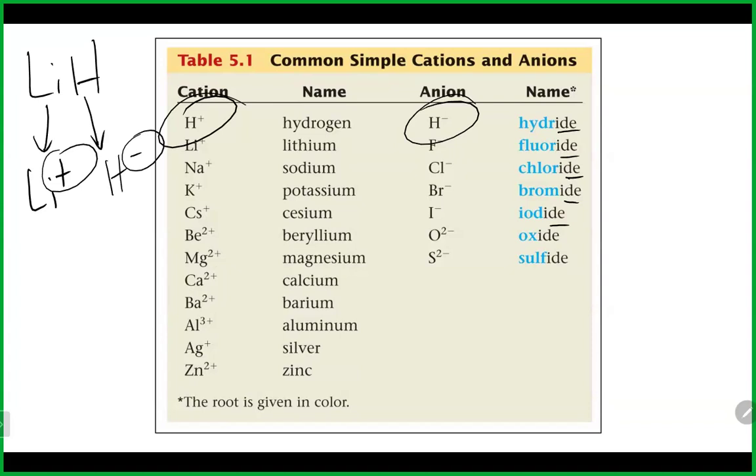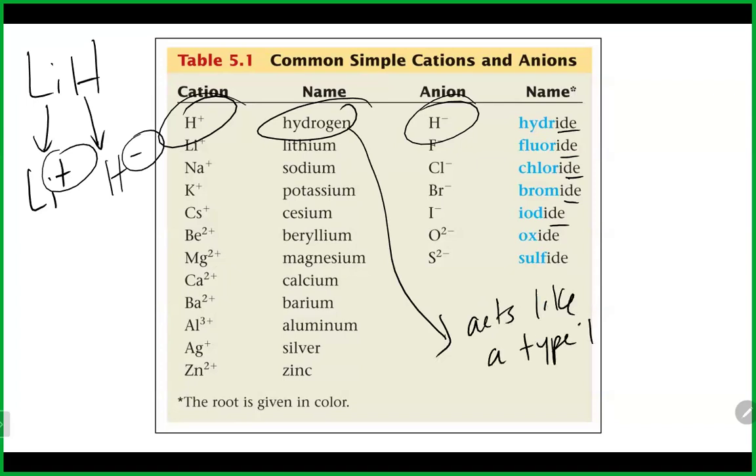So hydrogen has some unusual properties, and one of those is that when we name it, a lot of times we think of it like a type 1 metal.